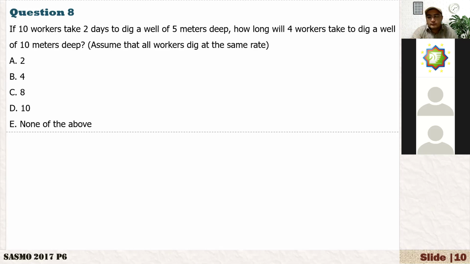I first found how many workers are needed to do it in 1 day. So 5 workers take 1 day to dig 2.5 meters deep.